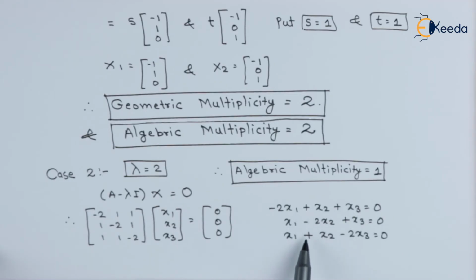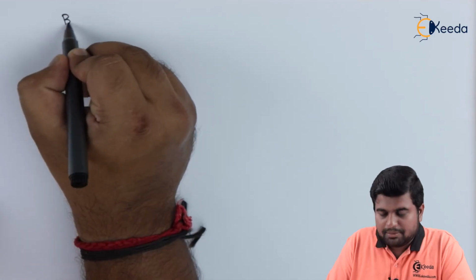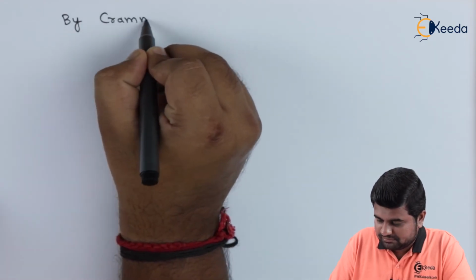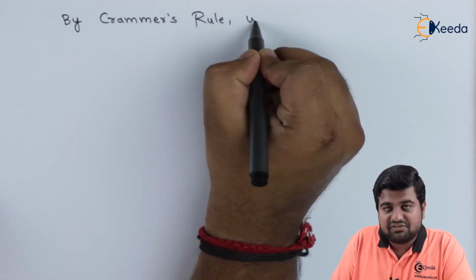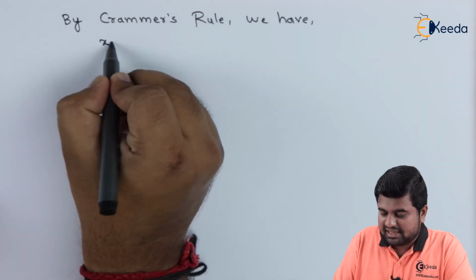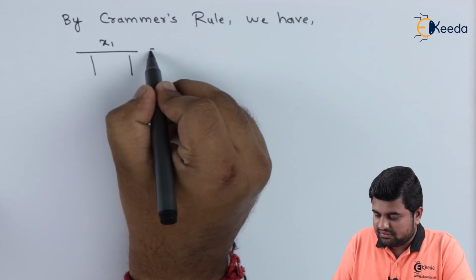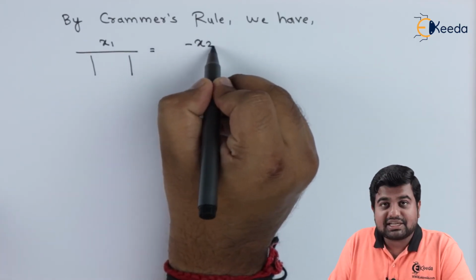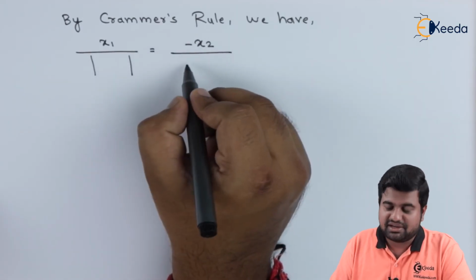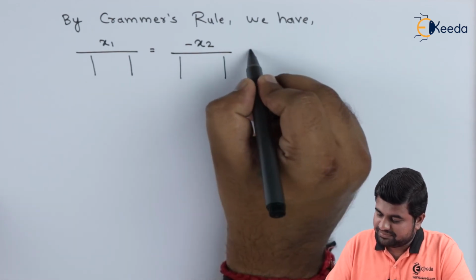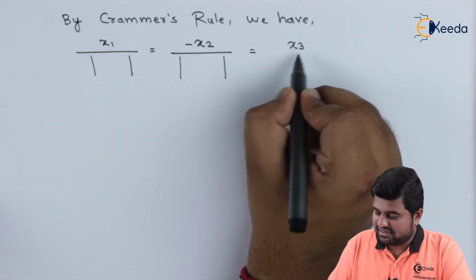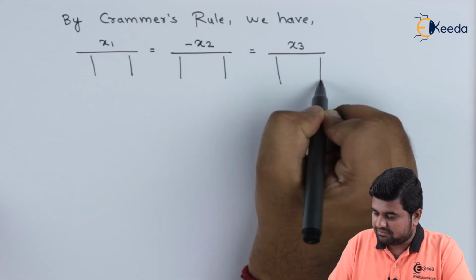Now in order to solve this equation, we'll use Cramer's rule. In Cramer's rule, we are going to take two distinct equations and apply it. By Cramer's rule, we have x1 divided by a determinant is equal to minus x2 divided by a determinant is equal to x3 divided by a determinant.